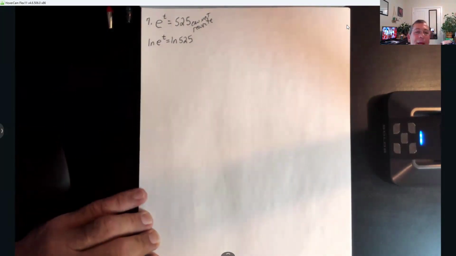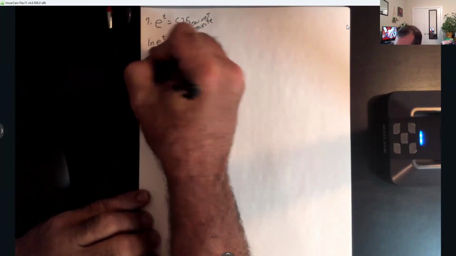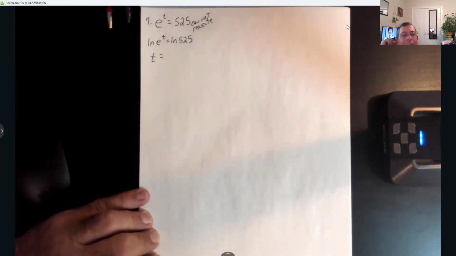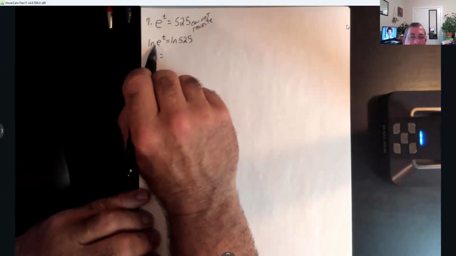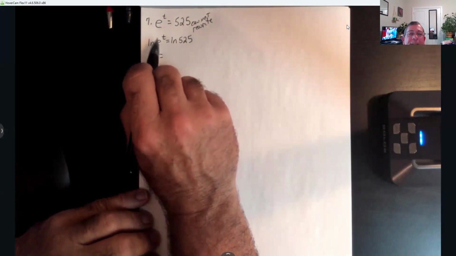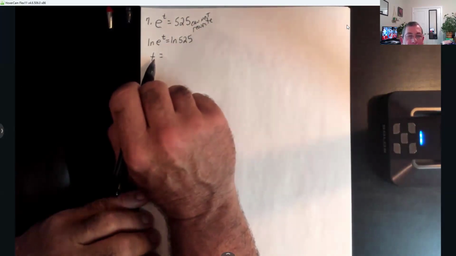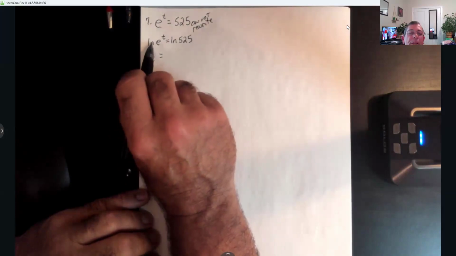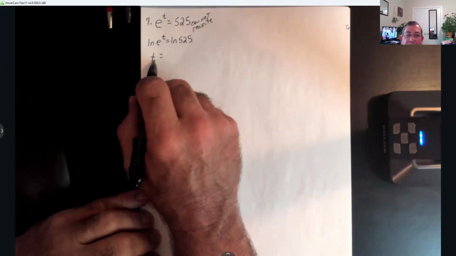All that does is equal a t on that side, y'all. So that goes back to if the base matches the base raised to an exponent, that answer automatically is the exponent, because the ln of e by itself is 1, and 1 times t is t.